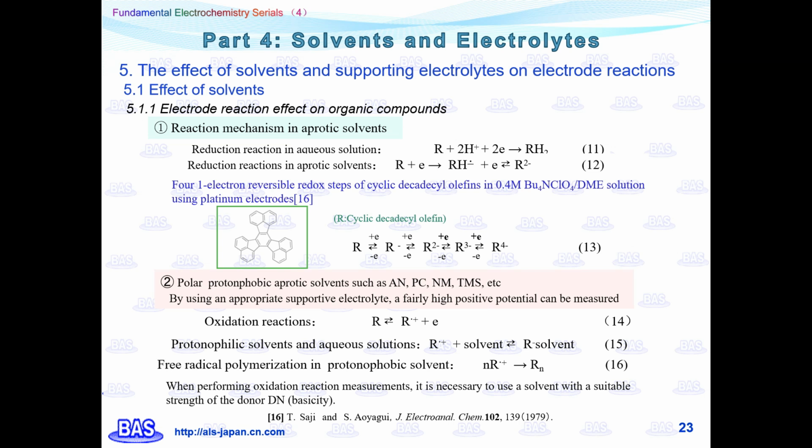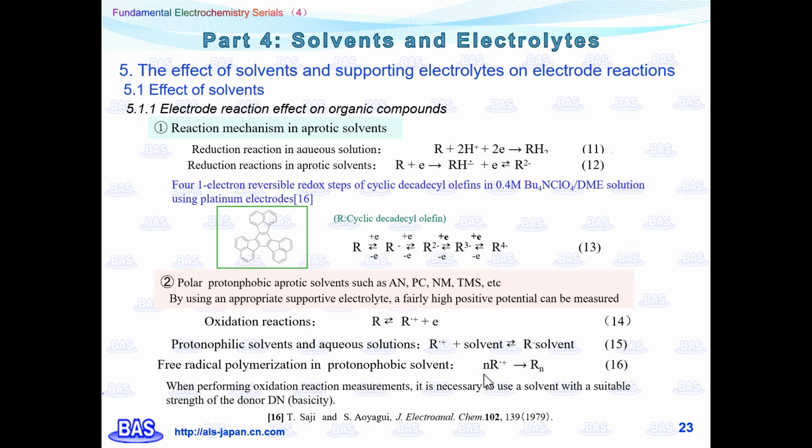Oxidation of organic compounds often results in the generation of cationic radicals in the first step, which are usually more unstable than the corresponding anionic radicals. In protophilic solvents and aqueous solutions, these cationic radicals react with the solvent.